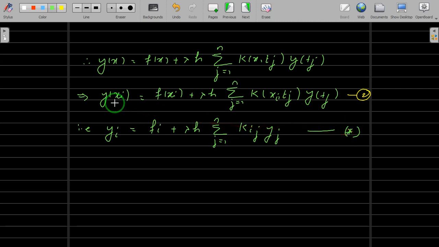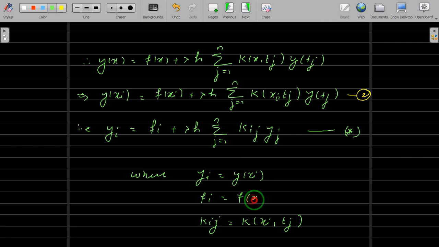So we denote here y at xi to be yi, f at xi to be fi, lambda h are here, and this k of (xi, tj) is kij. Y at xi is nothing but yi, and this is f at xi.